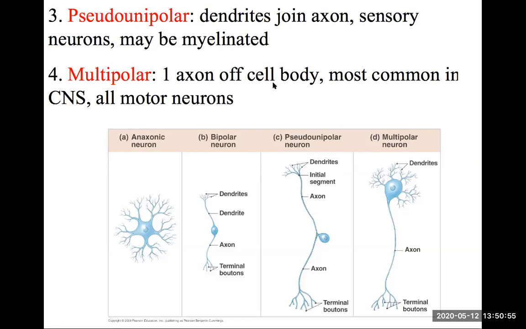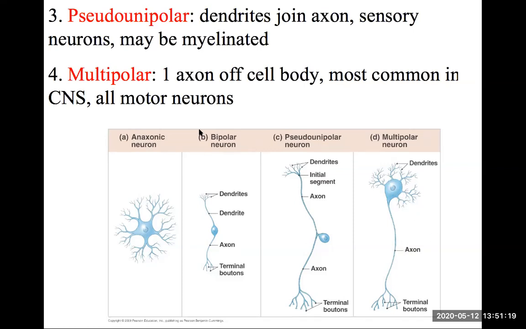All right, the last one, and by far the most common, particularly for the central nervous system, because the other ones, the bipolar and pseudo-unipolar, we're going to see as part of the peripheral nervous system. But the multipolar are the most common type in the central nervous system, where you have a single axon coming straight off the soma.